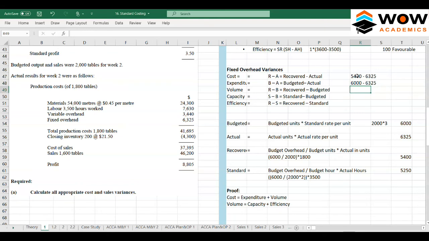Volume is R minus B. R is again 5400 minus B. B is 6000. Next one is S. S is 5250 minus B. B is 6000. So again, efficiency is R, 5400, minus S, standard, which is 5250.